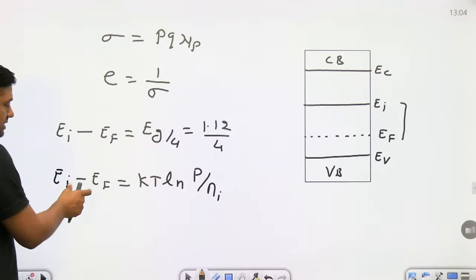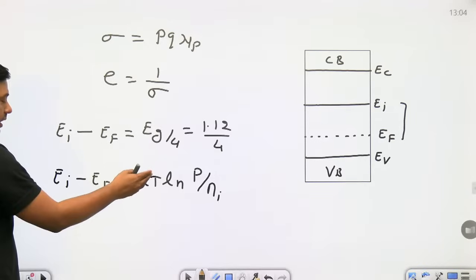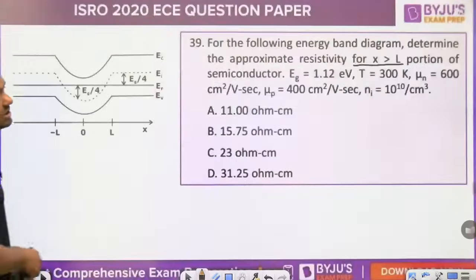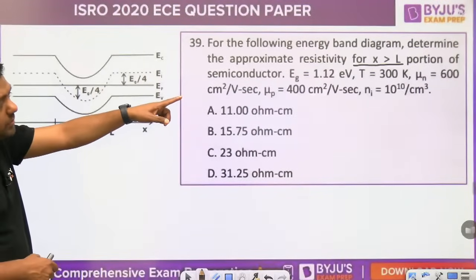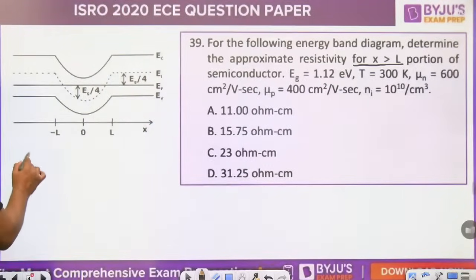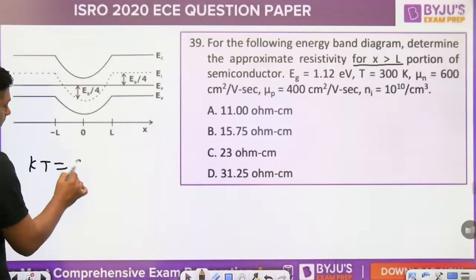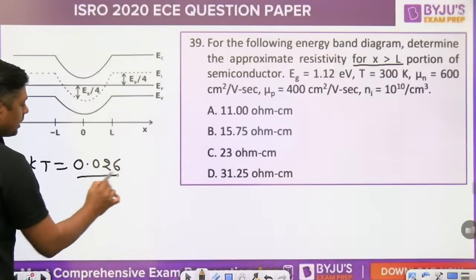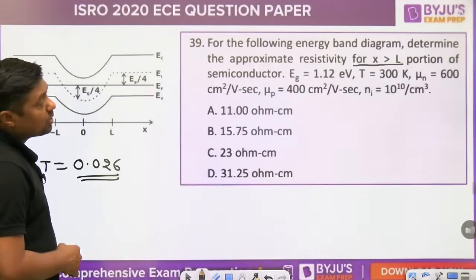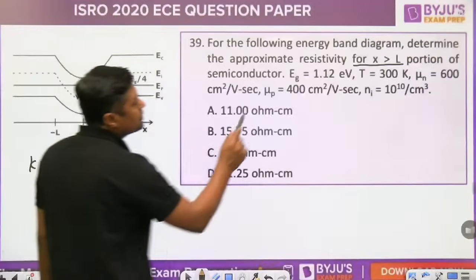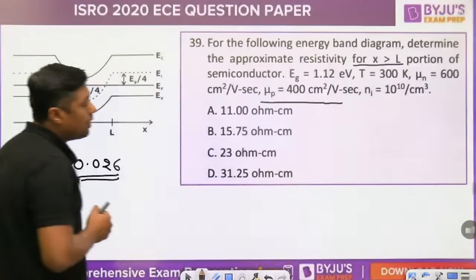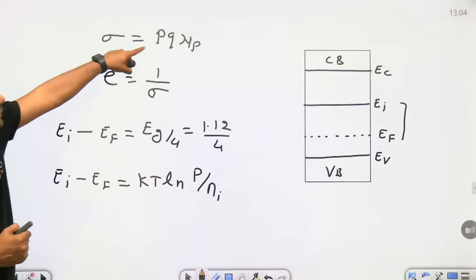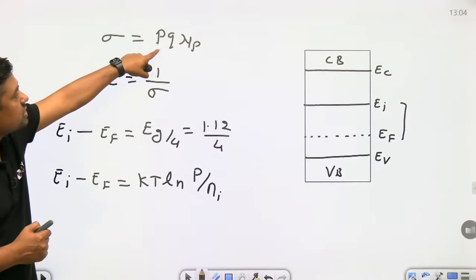From this you can find the P, guys. EI minus EF by KT, you can find EI minus EF from that, then divide by the KT. K is the Boltzmann constant, and at 300 degree Kelvin you can put the value 0.026. Then for mobility of hole you have to use 400 centimeter square, and Q is 1.6 into 10 raised to power minus 19.